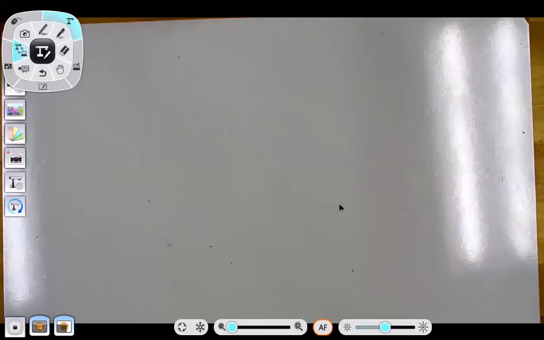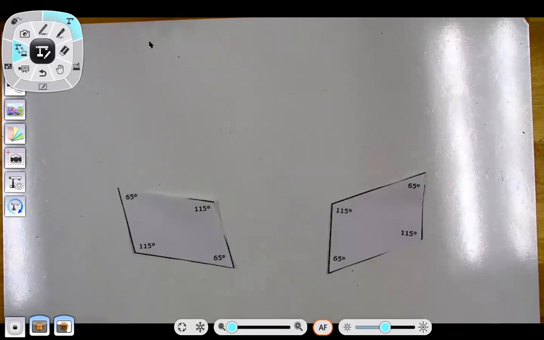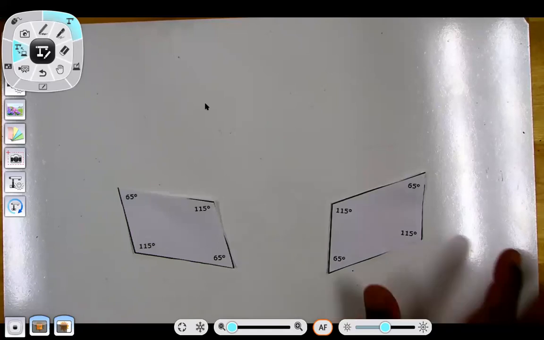You already learned about rigid motions. So if you have two quadrilaterals, you look into those and see what happens.